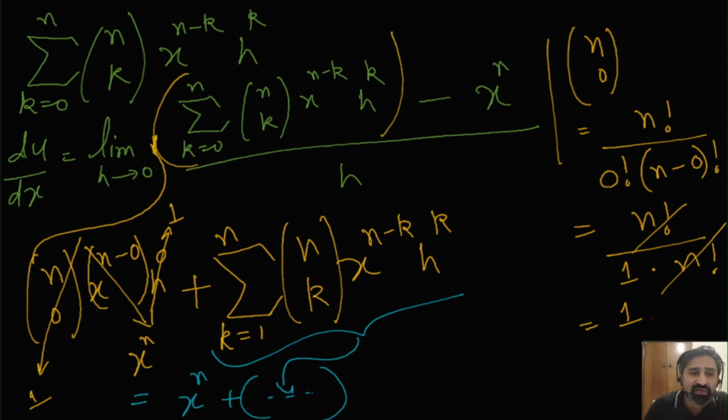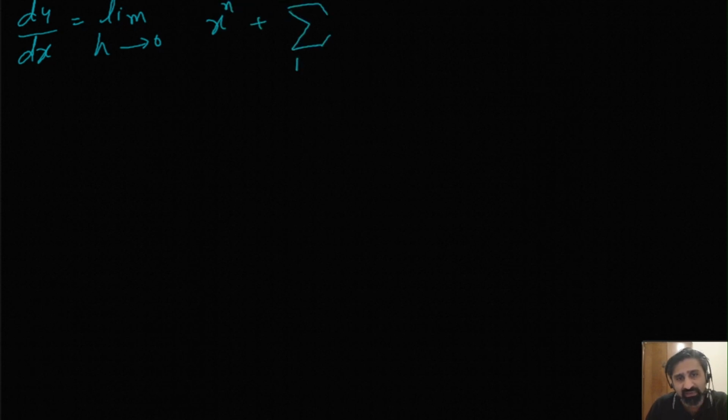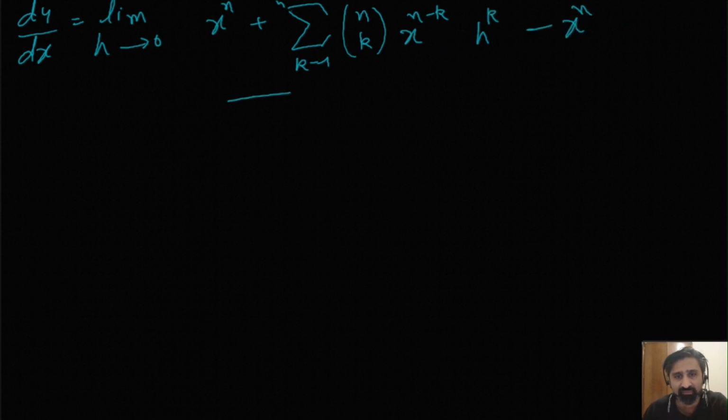So ಇದನ್ನು ನಾನು ನ್ಯೂಮರೇಟರ್ ಬರಿತೀನಿ. ಸೊ dy by dx is limit h tends to 0, ಮೇಲ್ಗಡೆ x to the power of n ಆಯಿತು, plus summation k is equals to 1 to n, and we have n choose k binomial factor x to the power of n minus k, and we then have h to the power of k, minus x to the power of n, divided by h.